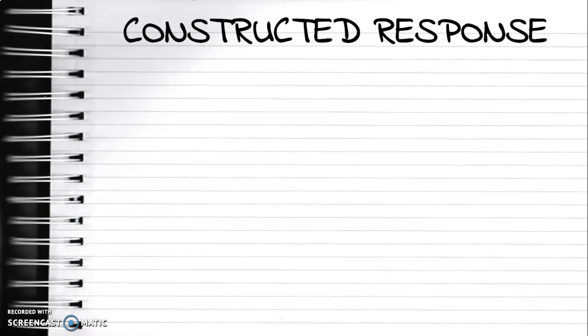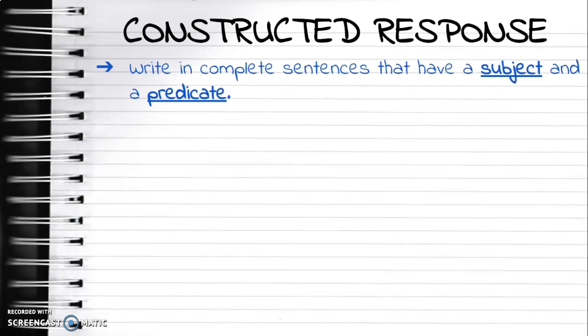So you're going to be doing a constructed response question today. We've talked about these before. When we write a constructed response, we write in complete sentences. So this means it's a complete thought, and complete thoughts have a subject, which is our noun or our pronoun, and a predicate, which is our verb or our verb phrase.